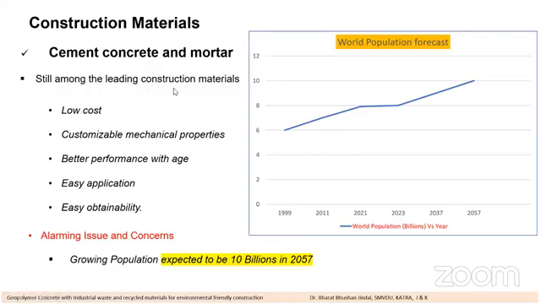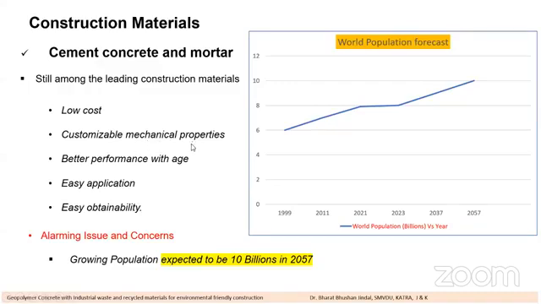And still we are using these materials because these conventional materials have merits and some fascinating properties, as well as low cost, because we are utilizing naturally occurring materials like aggregate, sand, etc. So the overall cost of the material is low.